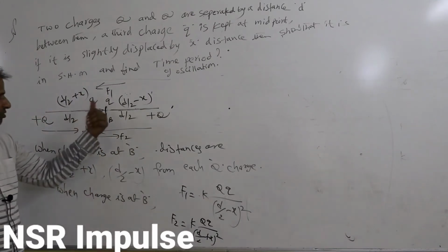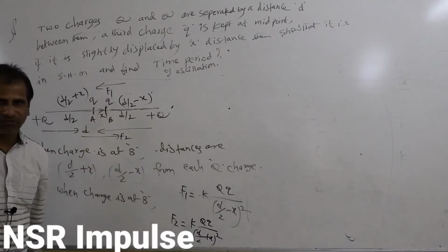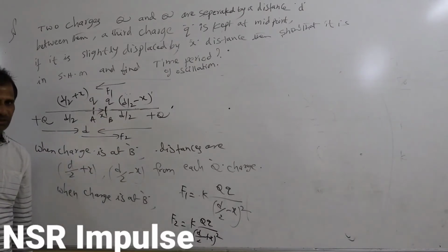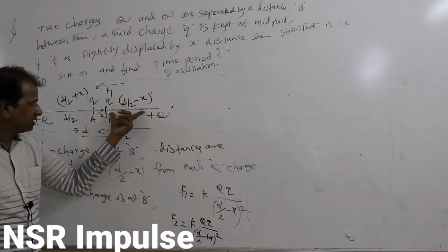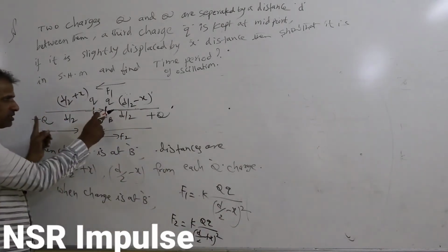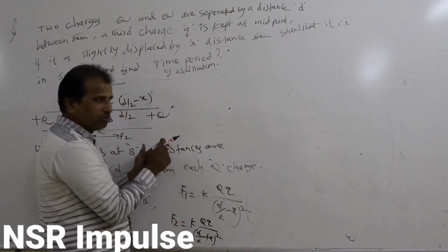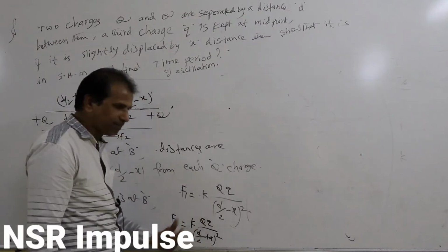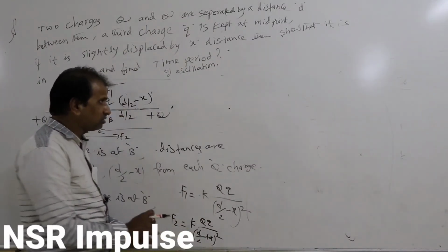Net force acting on this Q will be either F1 minus F2 or F2 minus F1. But here you see d/2 minus x distance is less and this distance is more. If the distance is less, force will be more because numerators are same. The denominator is less, so F1 is more.